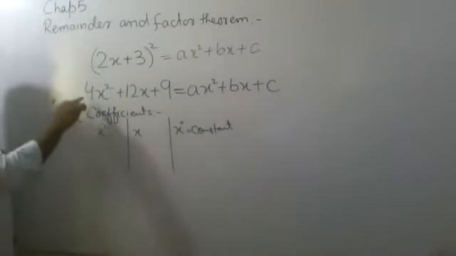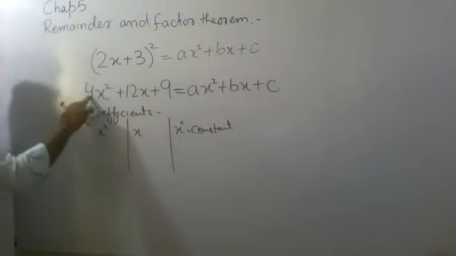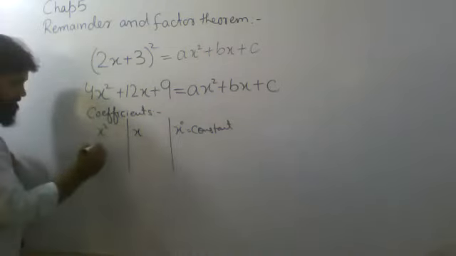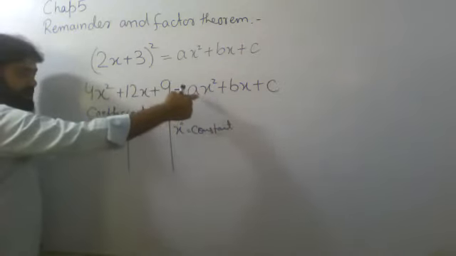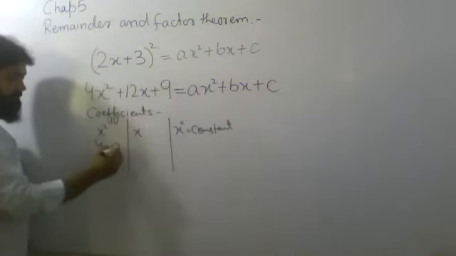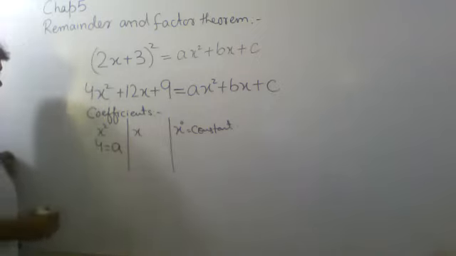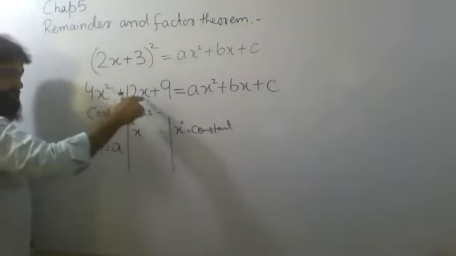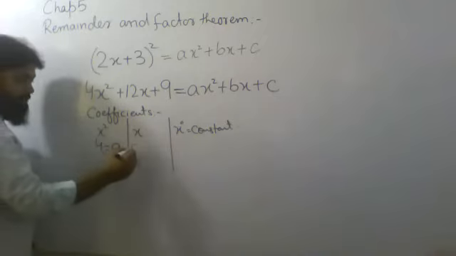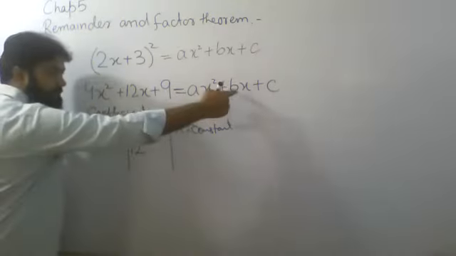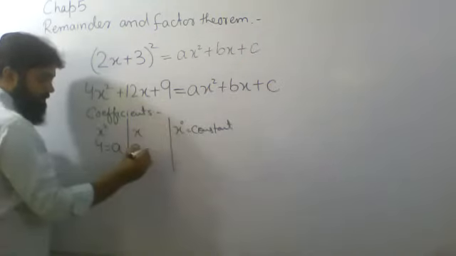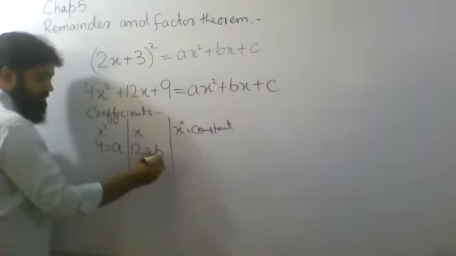The coefficient of x square on this side is 4. The coefficient of x square on this side is a. The coefficient of x on this side is 12, and the coefficient of x on this side is b.